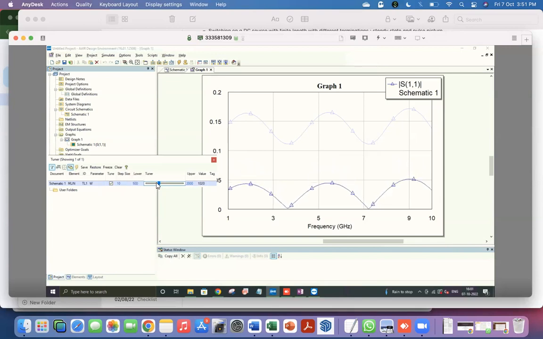So now you can see that it always remains a lambda by 4 transformer at those exact frequencies, right? All that is changing is how much it's deviating from there. So the closer you are to 50 ohms, it's going to remain closer and closer. Now gone too far. Somewhere around there.